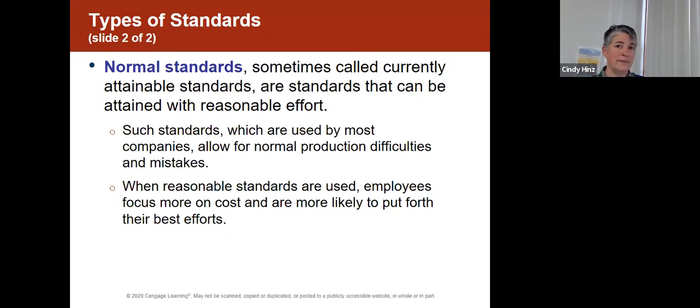Does that make sense? So we want it to be realistic, something that's attainable, but maybe better than what we have right now. I shouldn't say above when I'm talking about cost, because that makes it sound like the cost would be higher than what we're paying right now. That's not what I mean. Something to strive for.